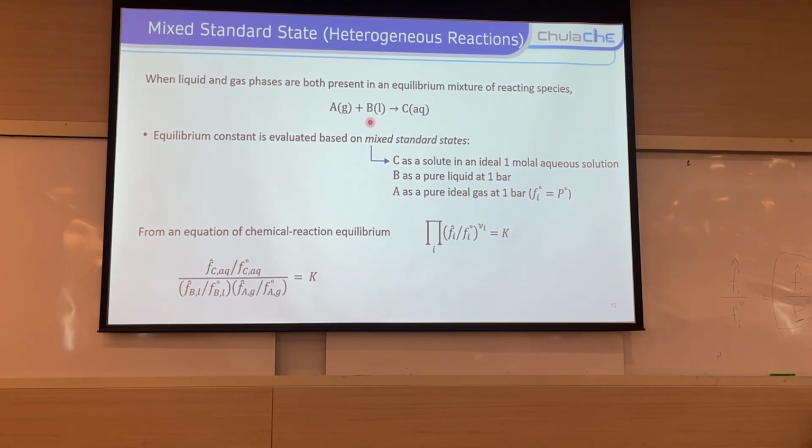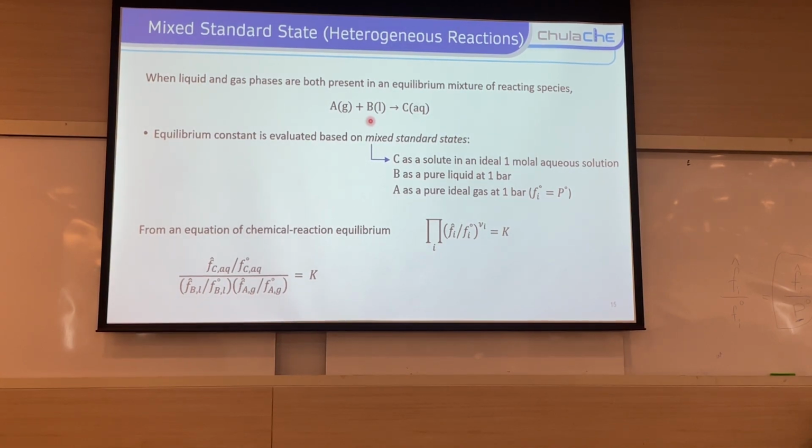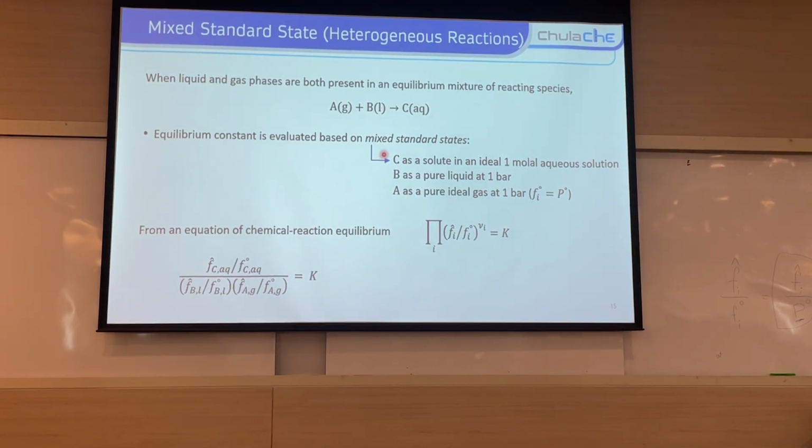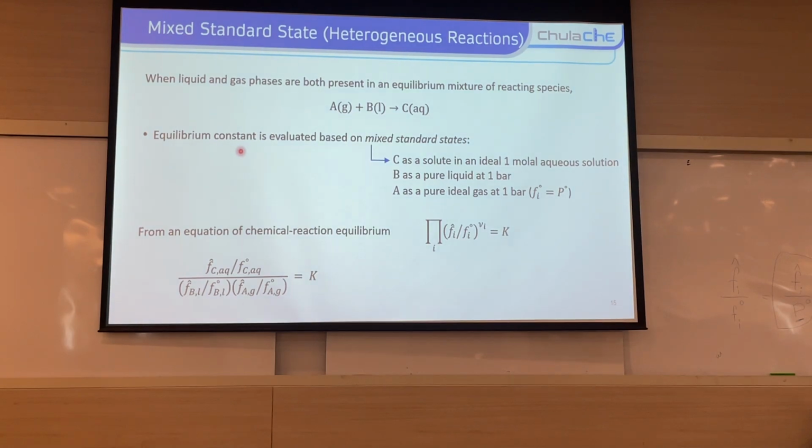When you have solute and solvent, it is called aqueous. So in this case, you can also consider the reaction at equilibrium based on the mixed state of each species. For example, the equilibrium constant can be evaluated based on the mixed standard state. The standard state of A in the gas phase is the pure ideal gas at 1 bar, so the fugacity at the standard state is equal to the standard state pressure.